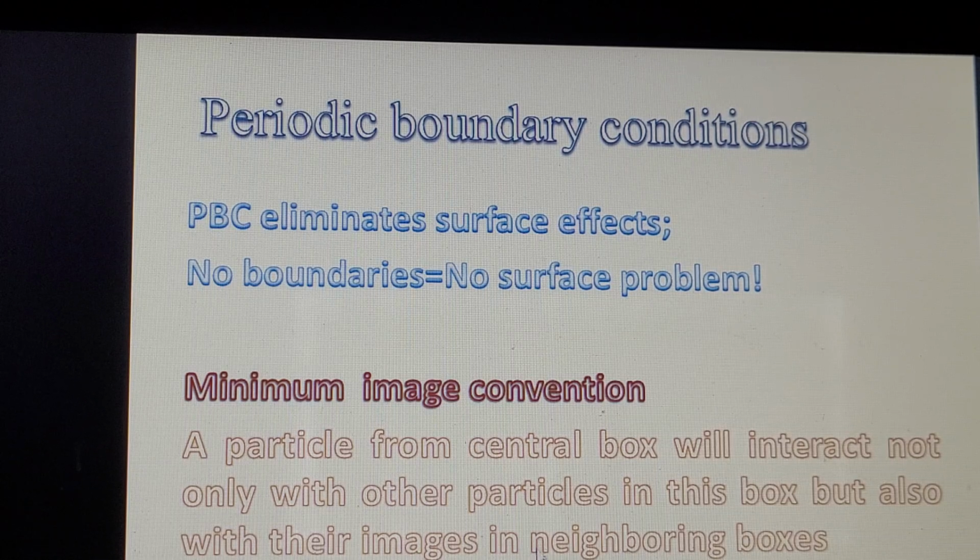When you say it's closest, it means that the distance between this particle in the central box and this image should be minimal. So by considering this condition for your simulation, we will go on.